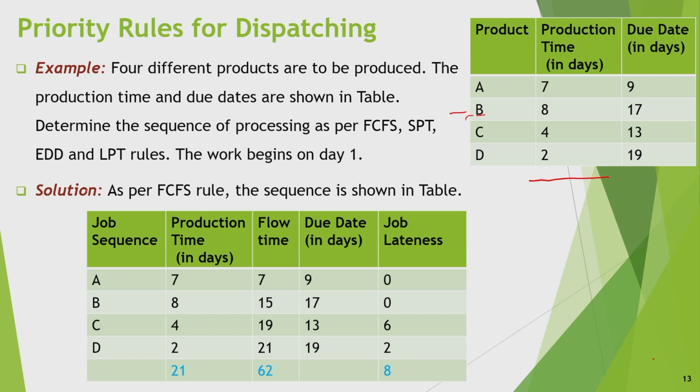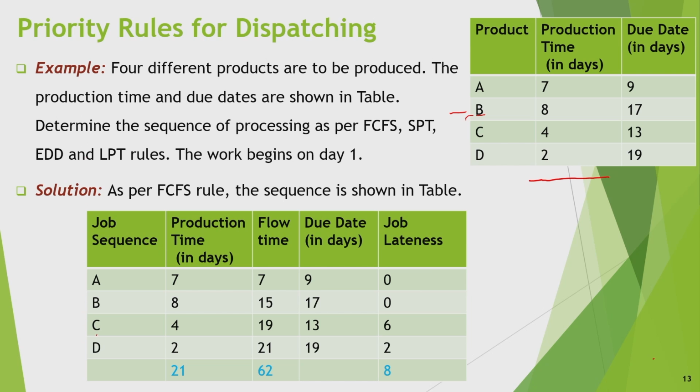The work begins on day 1. As per the FCFS rule, the sequence is shown in the table: job sequence, then production time in days, flow time, due date in days, and job lateness.